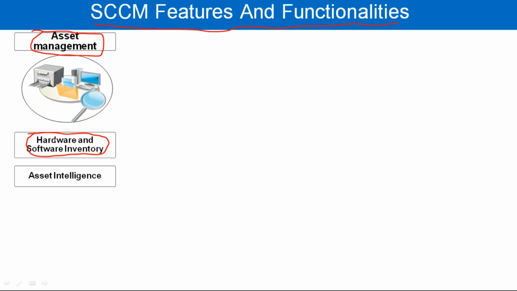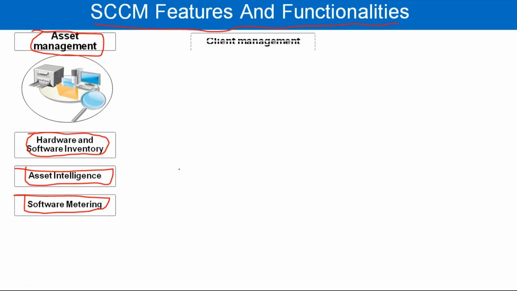SCCM can get all those data, and you can get it from the SCCM reporting section. Asset intelligence for categorization of software. Software metering is to find out the utilization of software, how many people are using licensed application. It will give you a report, the utilization report.